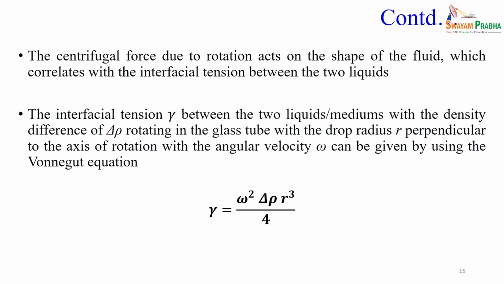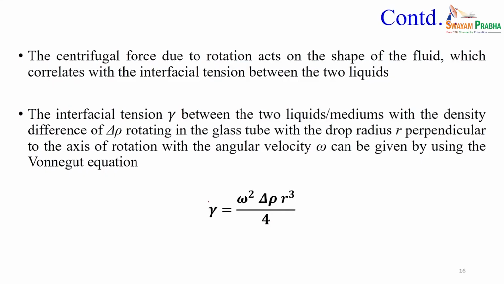As we said, there will be centrifugal force coming from the rotation, and of course there will be the interfacial force between the two liquids. This interfacial tension is related to the speed of rotation, the difference in the density of the two liquids, and R, the drop radius.